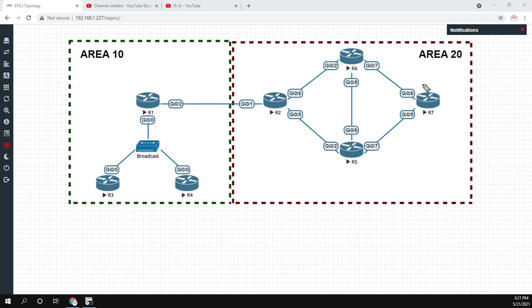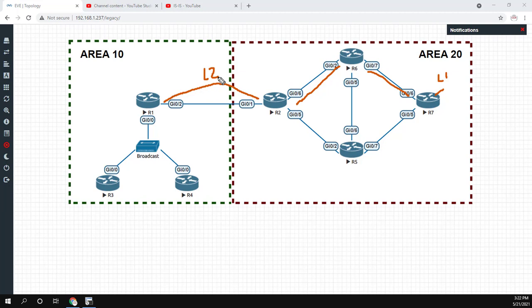So let's take a look at just the loopback of router 7, right? So it's a level 1 route. It's going to be level 1 up to router 2. Router 2 then acts as a border router and summarizes all that information and sends it level 2 to R1. And when we're saying summary, it's a summary LSP, just like a type 3 LSA in OSPF, right?